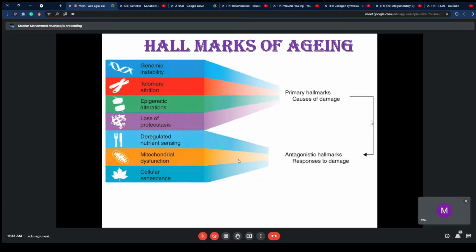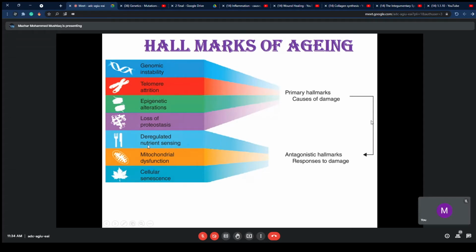All these processes come after the loss of genomic stability, telomeric alteration, epigenetic alteration, and the loss of proteostasis. So these things come first, and then at the cellular level, other things are going to happen.